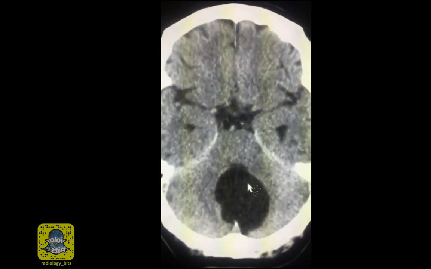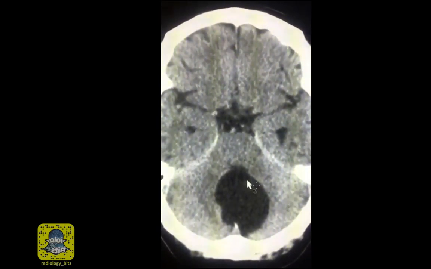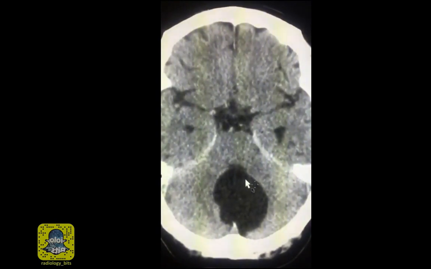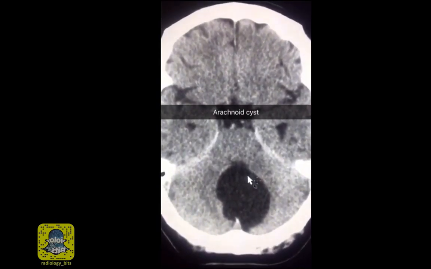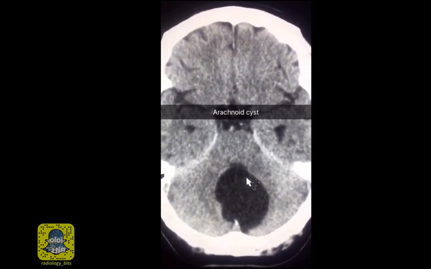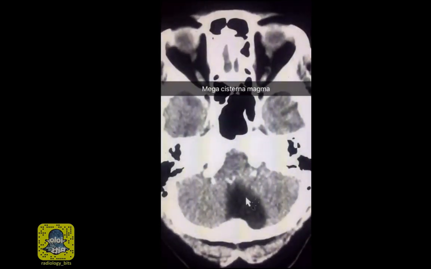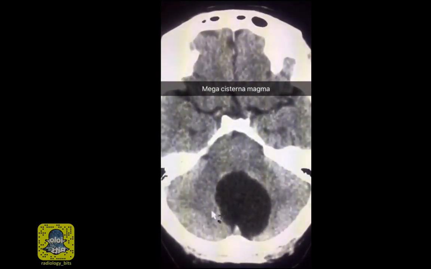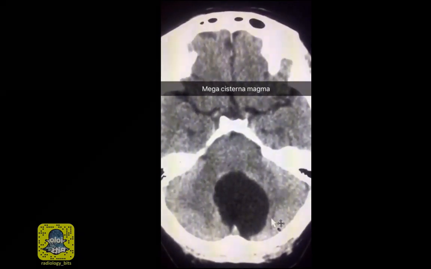So if you have a pure CSF containing cystic abnormality within the brain, the most likely possibility would be something called an arachnoid cyst. So it's just a contained CSF composed cyst. Another differential diagnostic possibility for a CSF density posterior fossa structure would be a megacisterna magna.